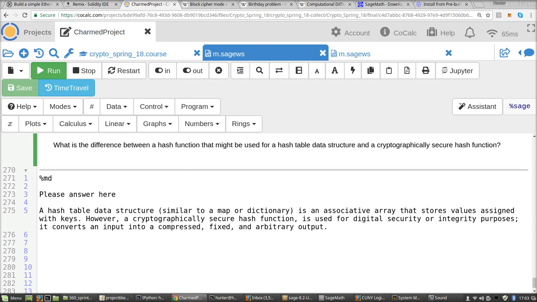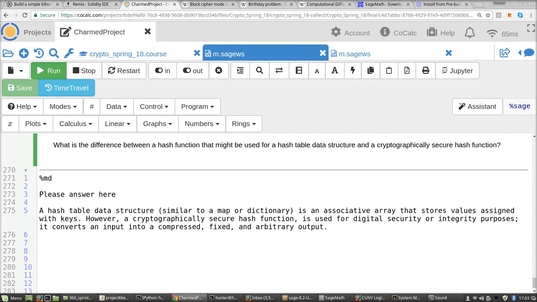And the 10th question is, what's the difference between a hash function that might be used for a hash table data structure and a cryptographically secure hash function? So this maybe wasn't the greatest question because I know not everybody has had the data structures class where you learn about hash tables. But the hash function that you use for a hash table just has to be collision resistant, whereas a cryptographically secure hash function has to be collision resistant and resist pre-image attacks.